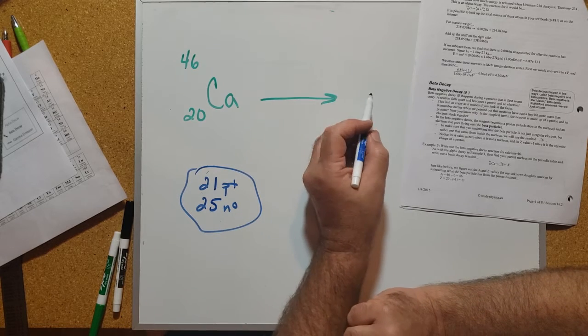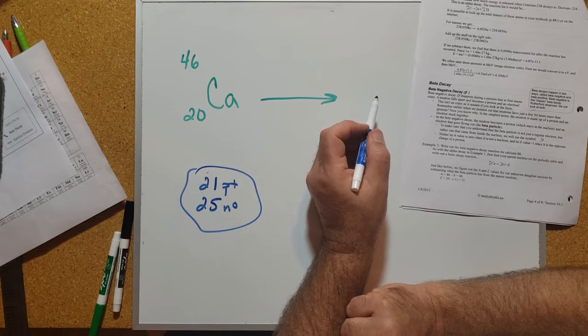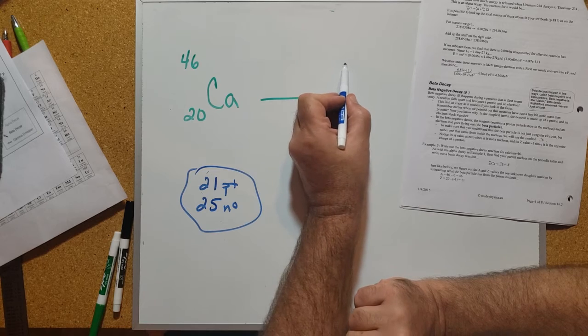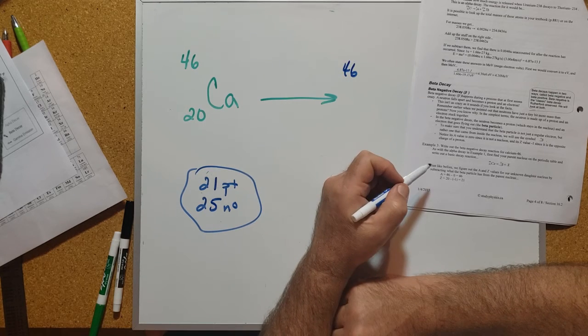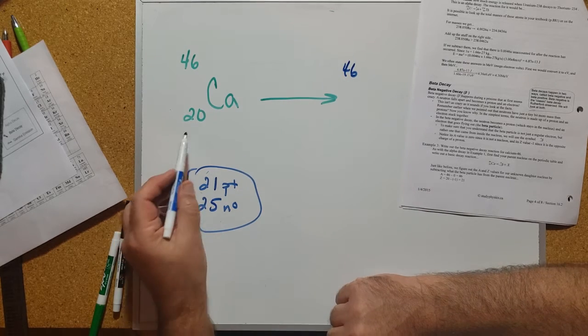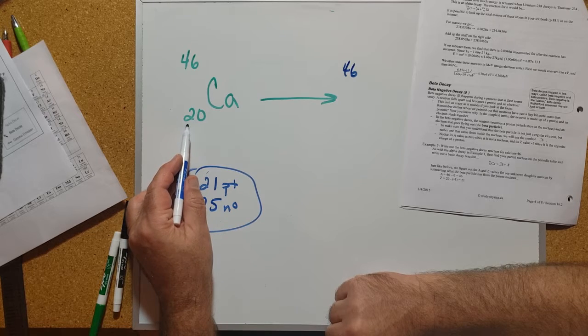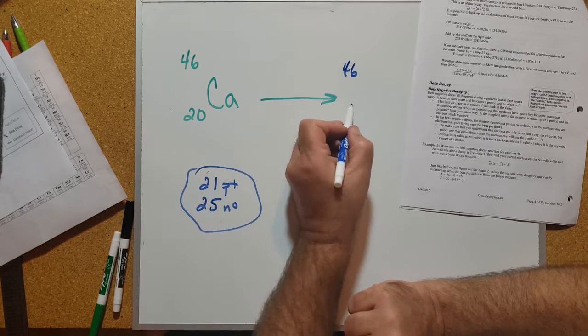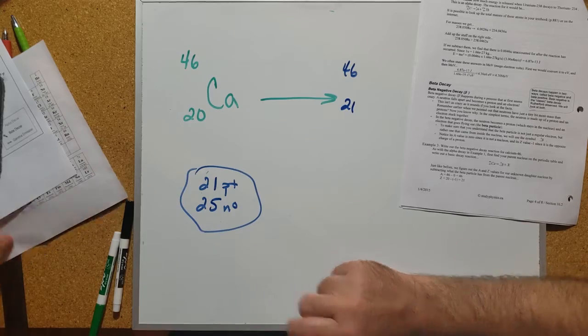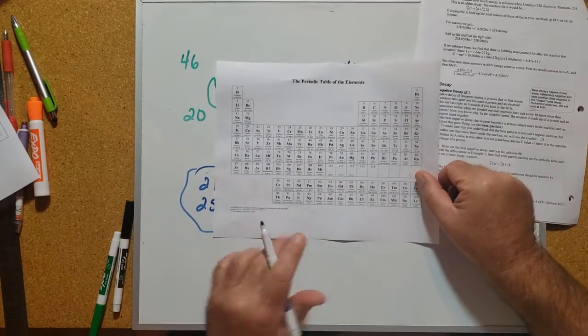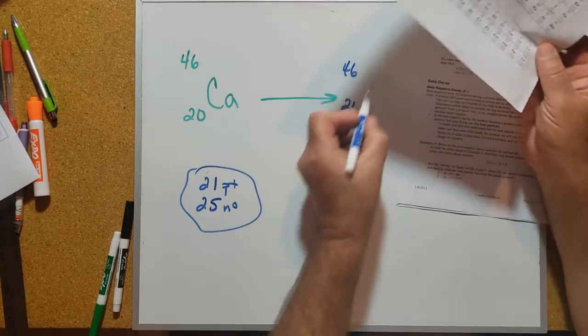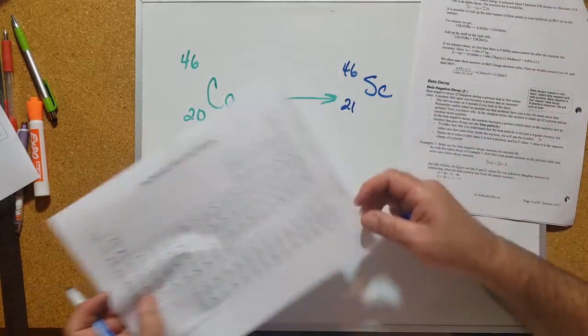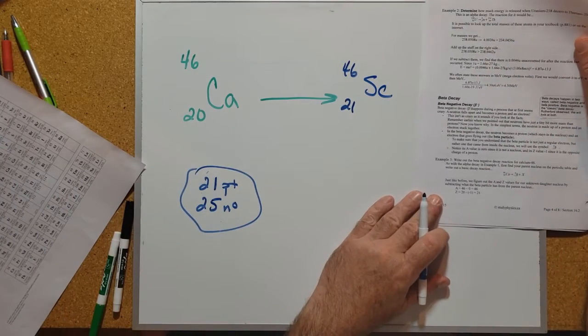So whatever is produced as a result of this beta decay, its total mass number is still 46. But the proton count went from 20 to 21. Now, what element is element number 21? It is scandium. So we're going to have to write scandium as the product here.